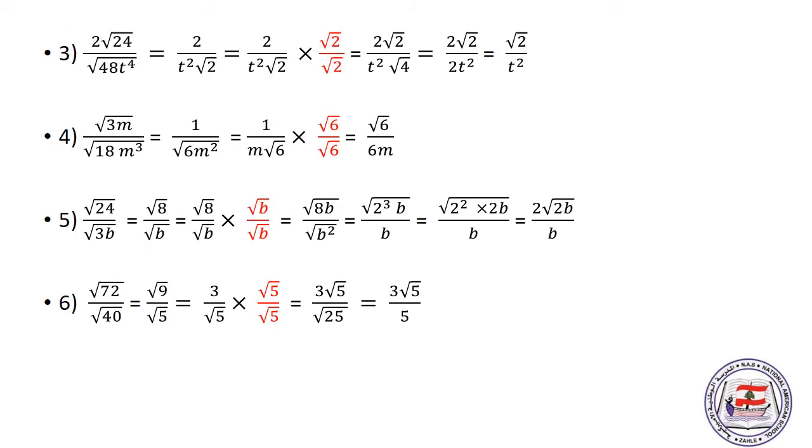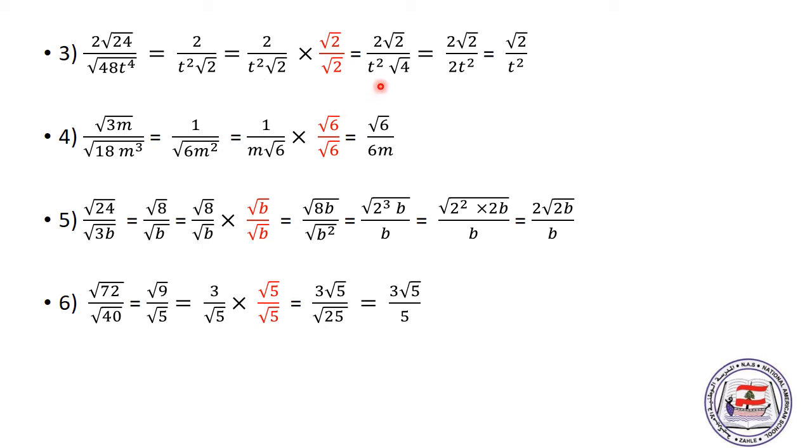Okay, 3: radical 24 over radical 48t to the power 4. First, start by simplifying the fraction by dividing by radical 24. So we get 1 over radical 2t to the power 4. The square root of t to the power 4 can be reduced into t squared. So it's 1 over t squared radical 2.